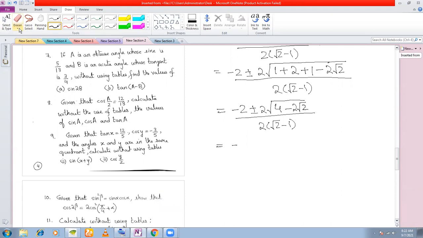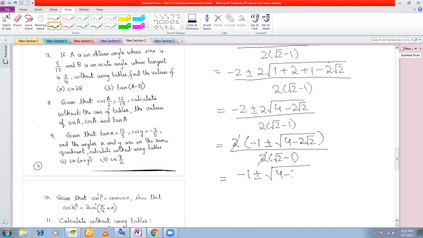So if I take 2 common in the numerator, I'm going to get minus 1 plus or minus root over of 4 minus 2 root 2 divided by twice root 2 minus 1. So this will cancel. Okay, so you're simply getting minus 1 plus or minus root 4 minus 2 root 2 divided by root 2 minus 1. This is what you are getting here.